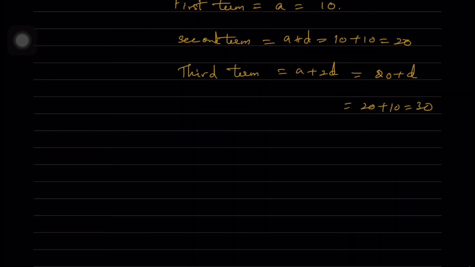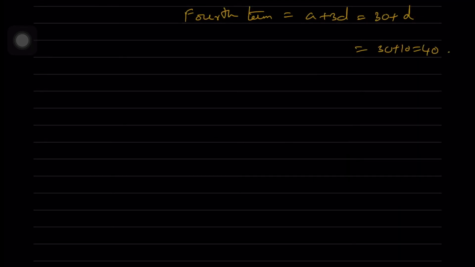The fourth term is a plus 3d, which is 30 plus 10, equal to 40.